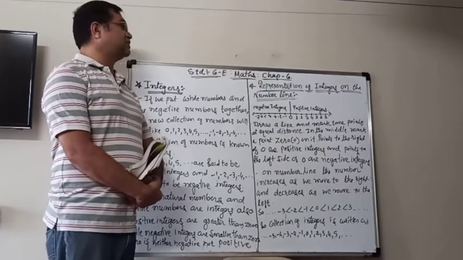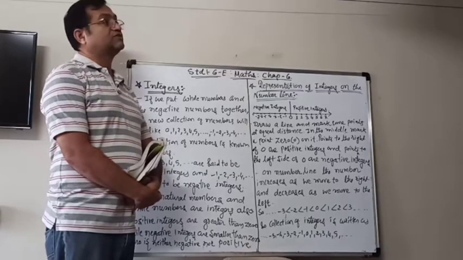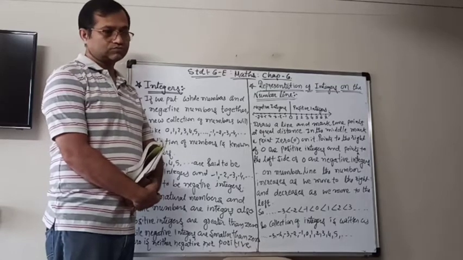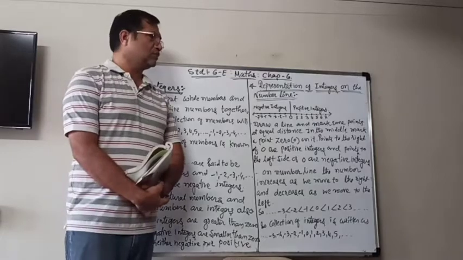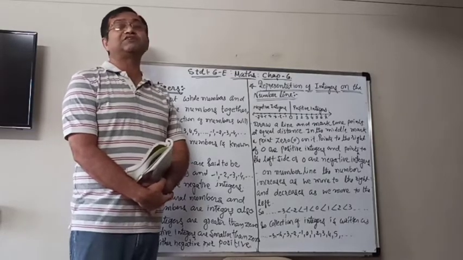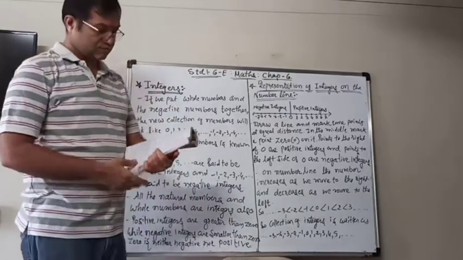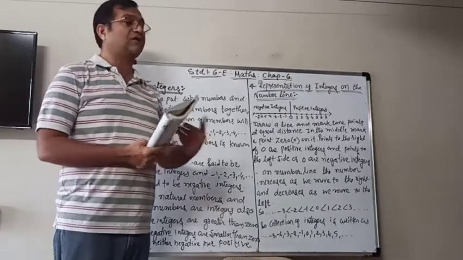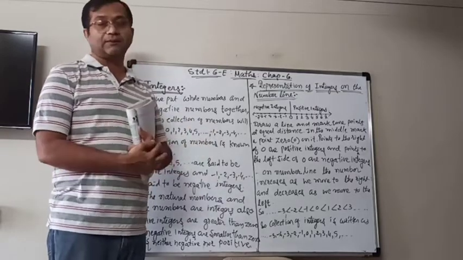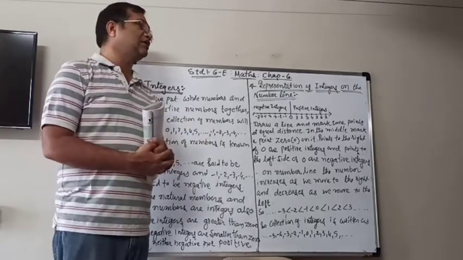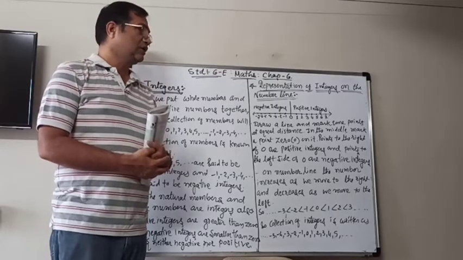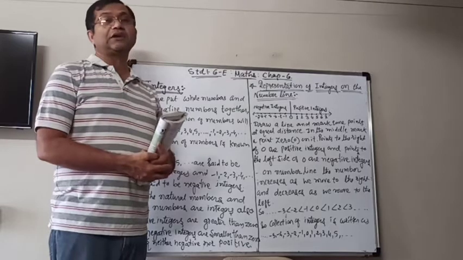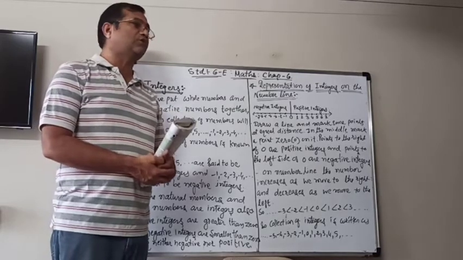We started chapter number 6, integers. Now, the first numbers discovered were the natural numbers. We already learned about them, the counting numbers like 1, 2, 3, 4.